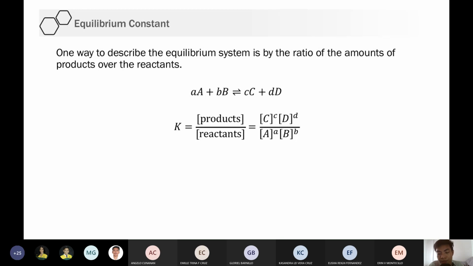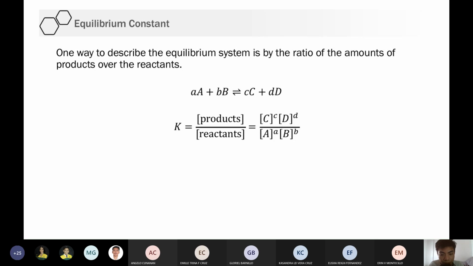The equilibrium constant helps us to describe the ratio of the amounts of matter in the product and on the reactant side of your equilibrium system. So ito yung equation that relates the amount of the products with the amounts of the reactants.